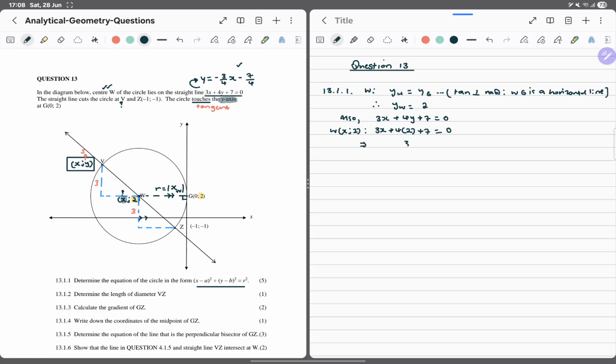This implies that 3x equals, this is 8 plus 7, that's 15. We transpose, it becomes minus 15. Therefore, our x here is minus 5. So this also concludes that W is the point (-5, 2).